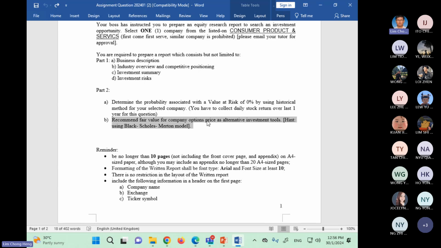If your company has 1, then you have very good luck, you calculate 1. If your company has 0, then good luck, you lose the marks. Okay, so make sure your company has options, call options, put options, or warrants.